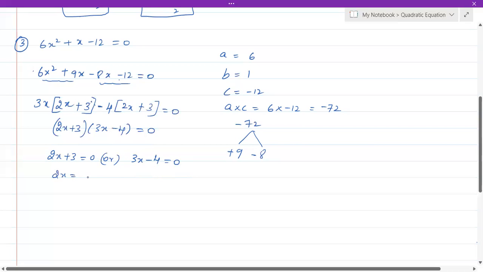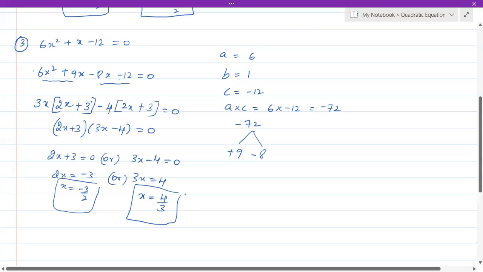So 2x is equal to, if you transpose 3 to the other side, it becomes minus 3. X will become minus 3 by 2. Same thing here. If you transpose minus 4 to the other side, it will become plus 4. Therefore, x will become 4 divided by 3. So these are the two roots.